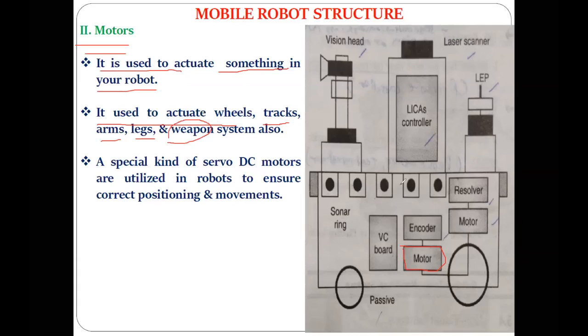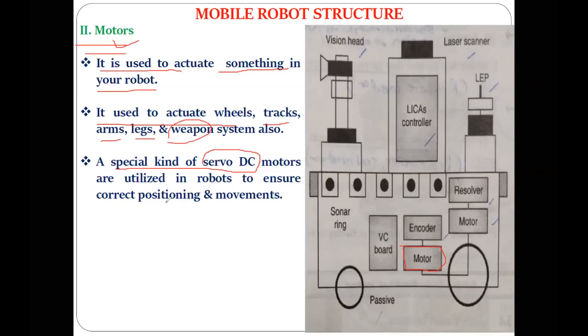Can we attach weapons to a robot? Yes, sir, we can also attach weapons to robots. So for the movement of those weapons, for all these things, the motor is there. There are different kinds of motors: AC motors, DC motors, etc. But special servo DC motors are utilized.